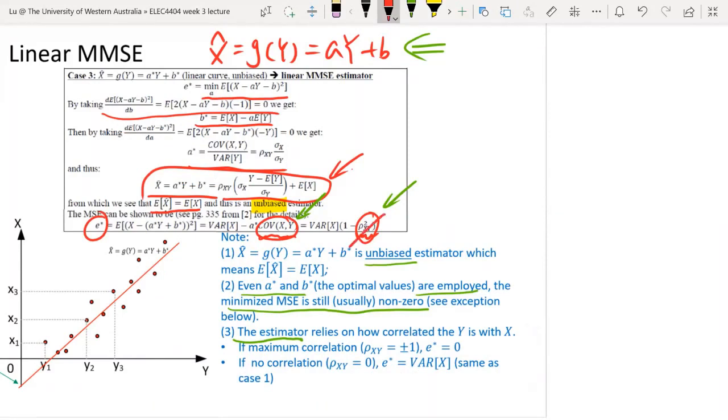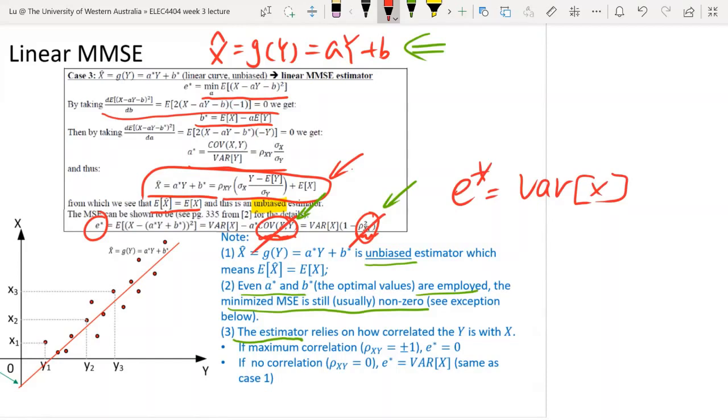If this term is 0, you can find that E star is just equal to the variance of X, not involving Y. This means Y is useless.